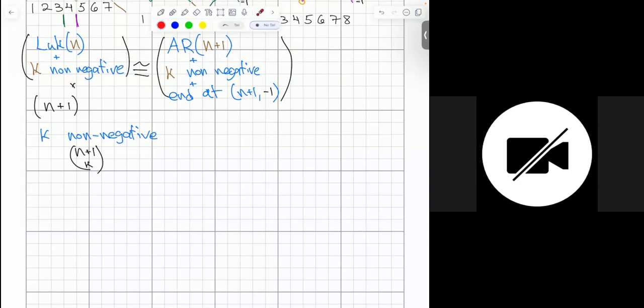And now the condition that tells us that I need to have k non-negative steps and end the n plus 1 walk at -1 tells me what's the total number of, let's say, upward movements needs to be. So I need to have n minus k upwards, let's say, movements.